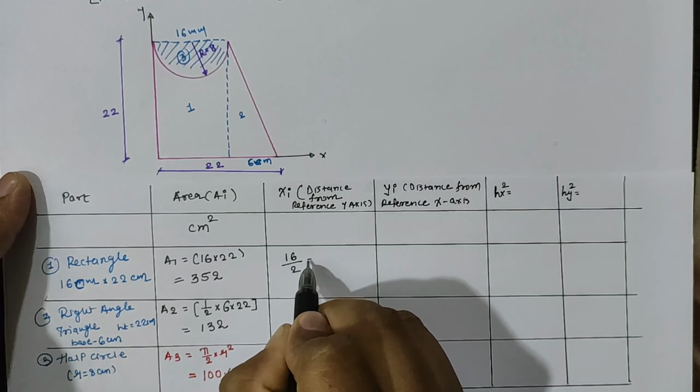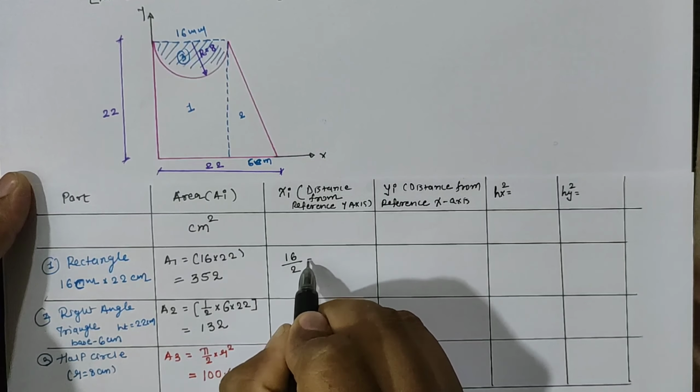Similarly, for part 2, the right angle triangle, the CG is at 1/3 of the base value, but we have to assume the reference axis at the extreme left. So the CG distance from the y axis is 16 centimeter plus 1/3 of the base of the right angle triangle, which is 6, hence it is 16 plus 2, which is equal to 18 centimeter.